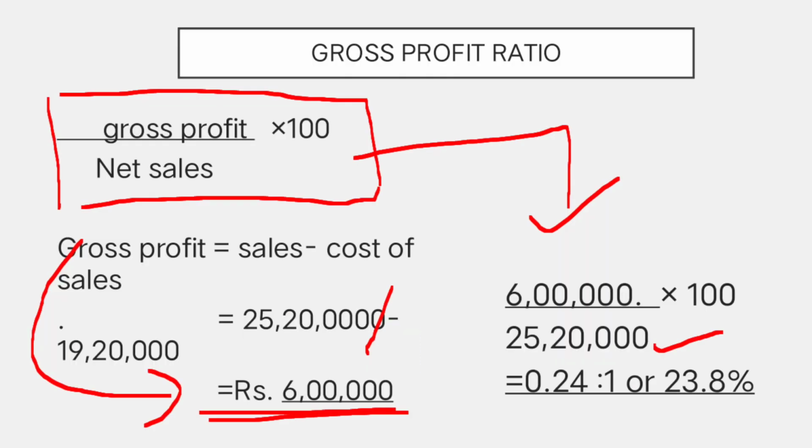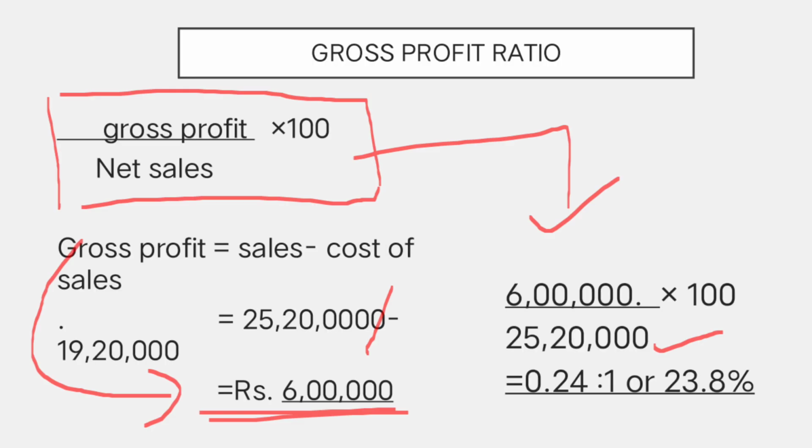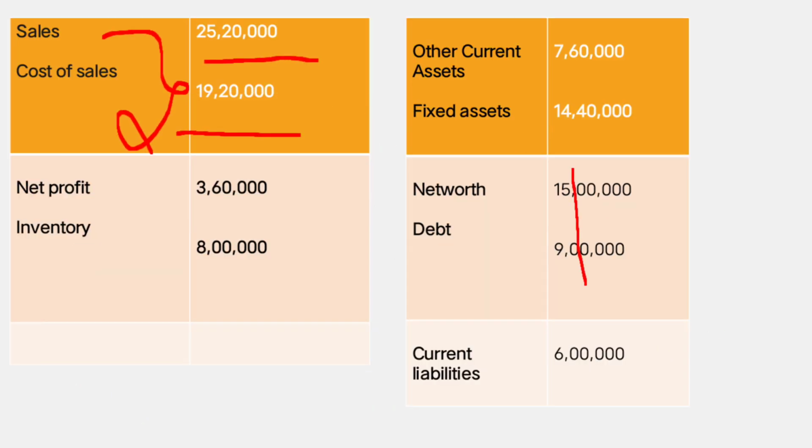Clear? The second one, net profit ratio. What is net profit ratio? Net profit after tax divided by net sales into 100. Here nothing is said about tax, just net profit is given, that is 3,60,000, and net sales is 25,20,000.